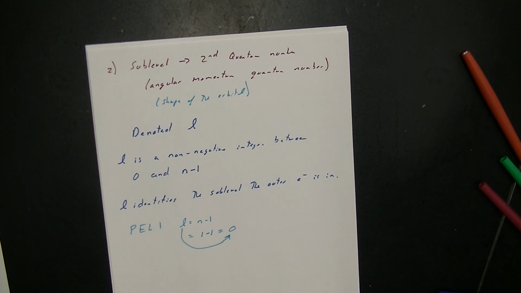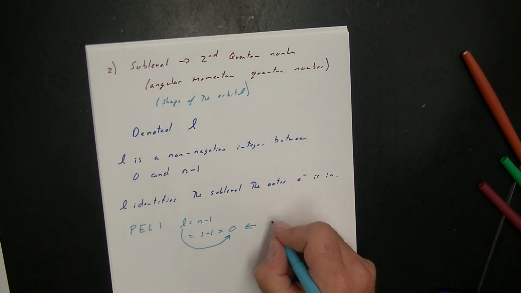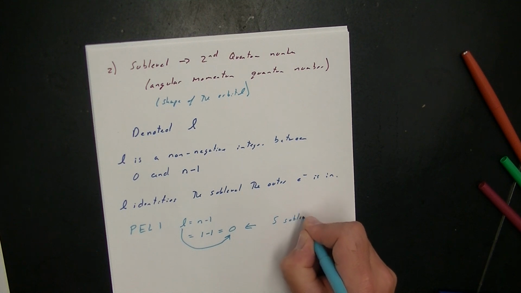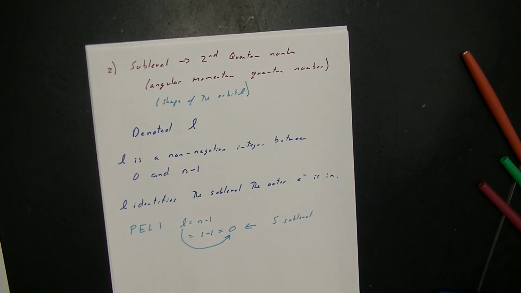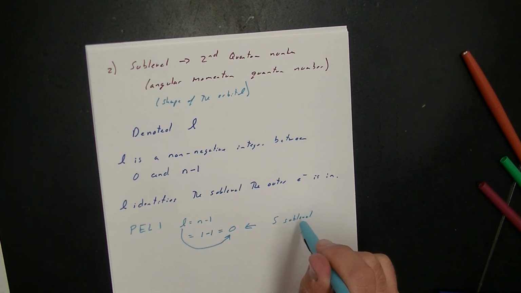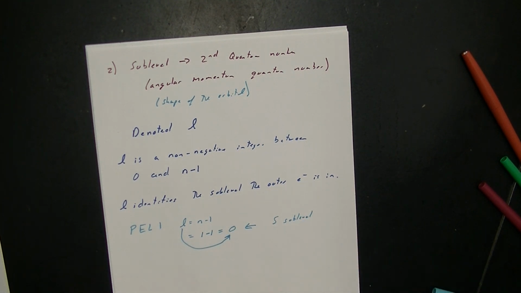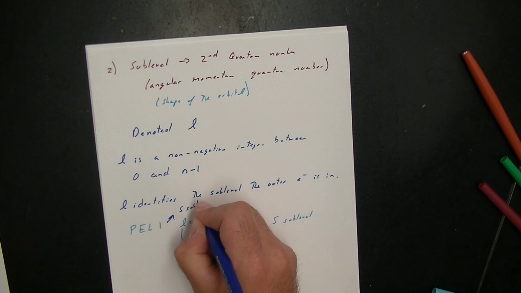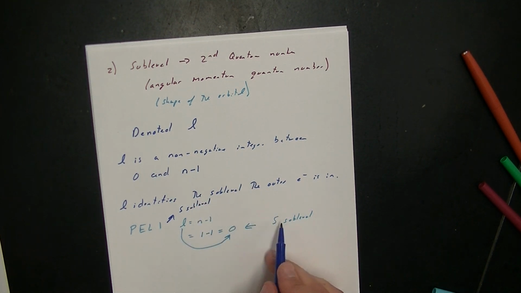Now, a 0 tells me that it's an S sublevel. If you do this formula and get a 0, it's an S sublevel. Now, look here. PEL number 1 only has an S sublevel. So the electron has to be in an S.